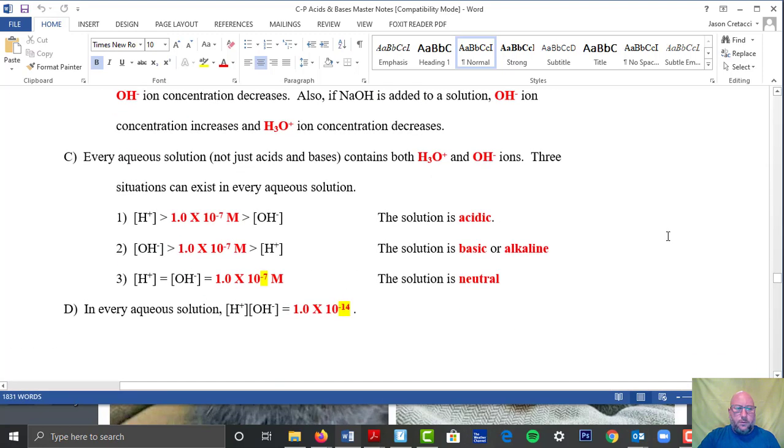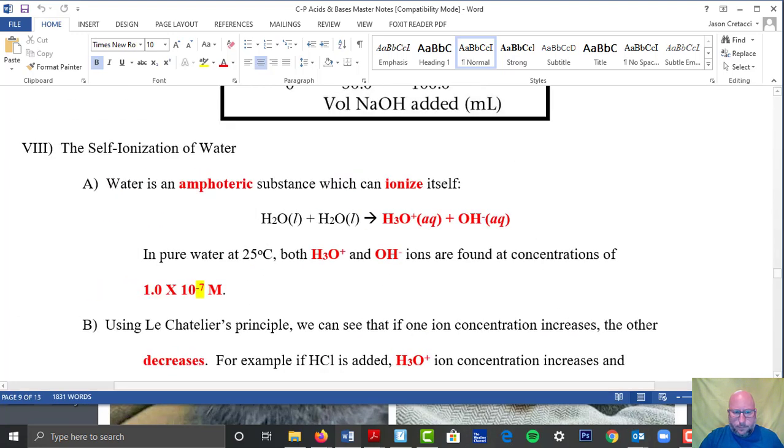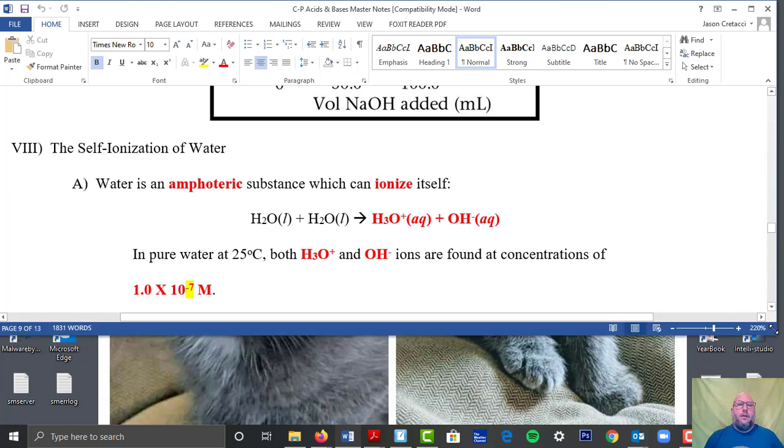All right. So in pure water, what you have is both ions in equal amounts at 1 times 10 to the negative 7th molar.